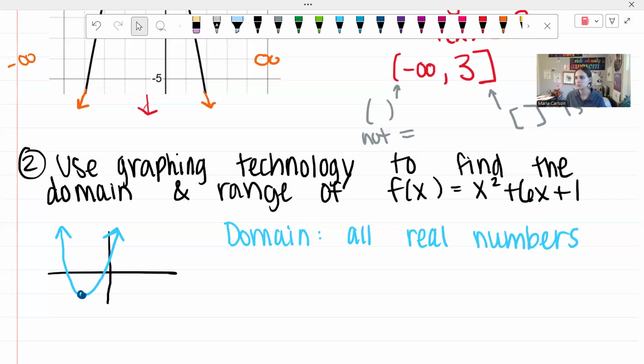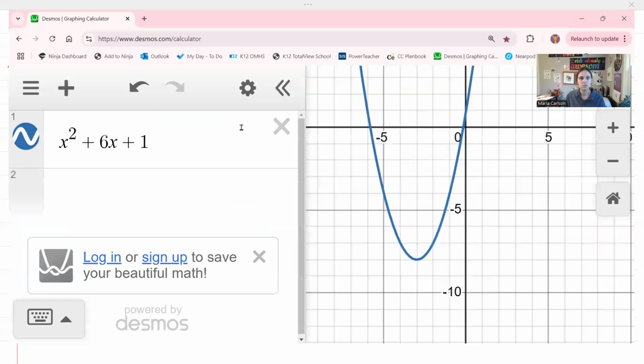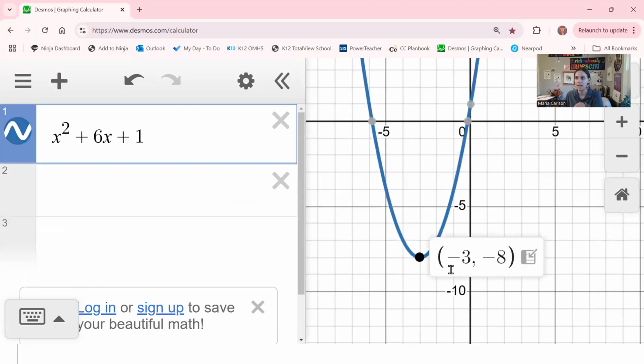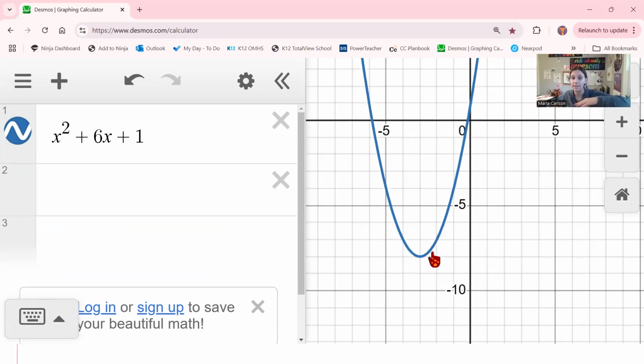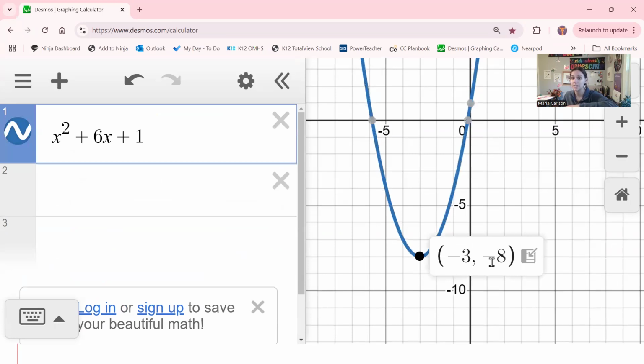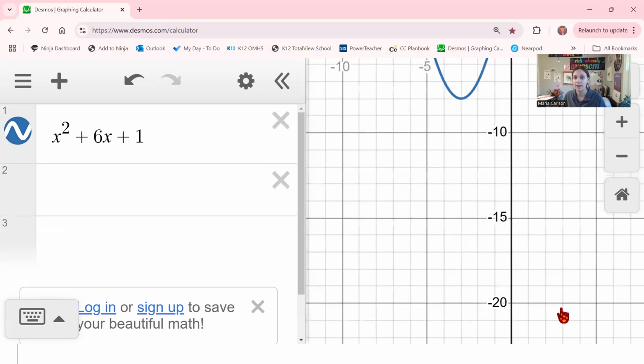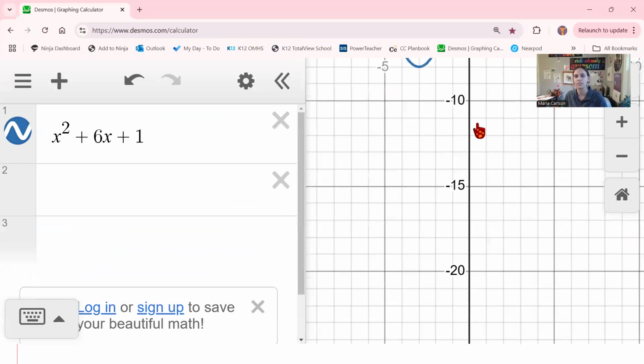So let's see. Looks like, and I can click right on it and have it highlight the point, it is -3, -8. So the minimum or the lowest value that this graph has for y in the range is -8. And then I don't have any y values below there, right? My graph isn't below that point.